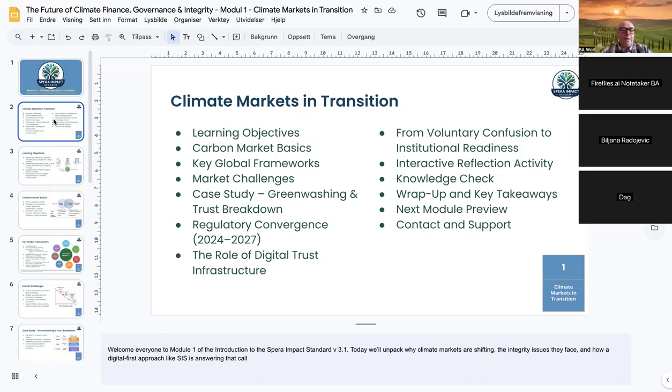We will look at the regulatory convergence. We will look at the role of digital trust infrastructure. Then we will speak a bit about going from the voluntary confusion, as I call it, to institutional readiness. There's some reflection activity, some knowledge check, and then it's a wrap up and key takeaways. And just briefly at the end, I will tell you about the next module and some contact and support information.